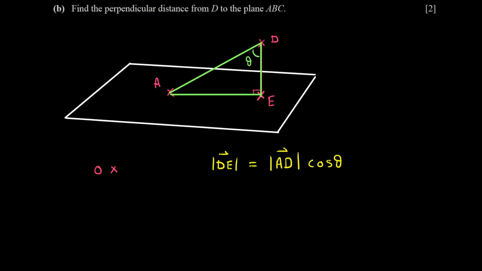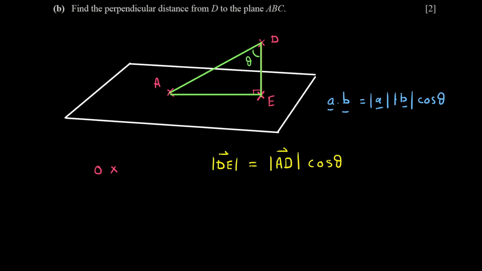Now, what was the trick that I applied at the very first introduction? This looks very suspiciously similar to the scalar product rule, right? Because I know that a dot b is equal to the magnitude of a, the magnitude of b, times the cosine of the angle between those two vectors.